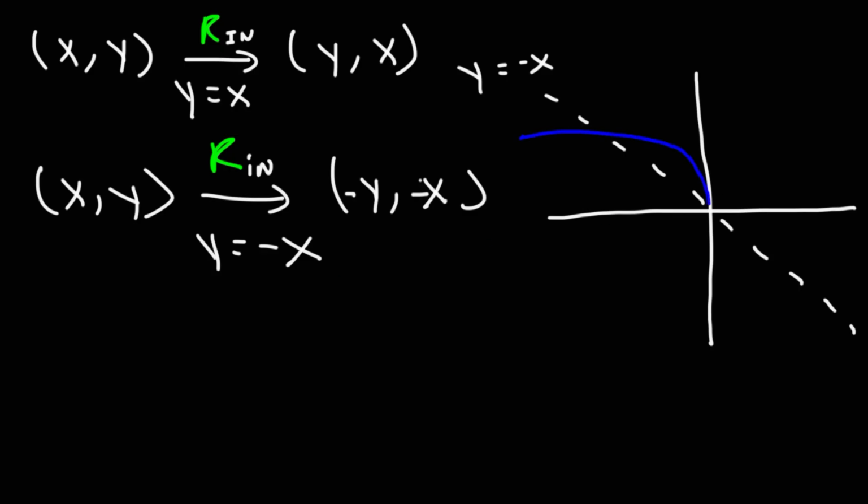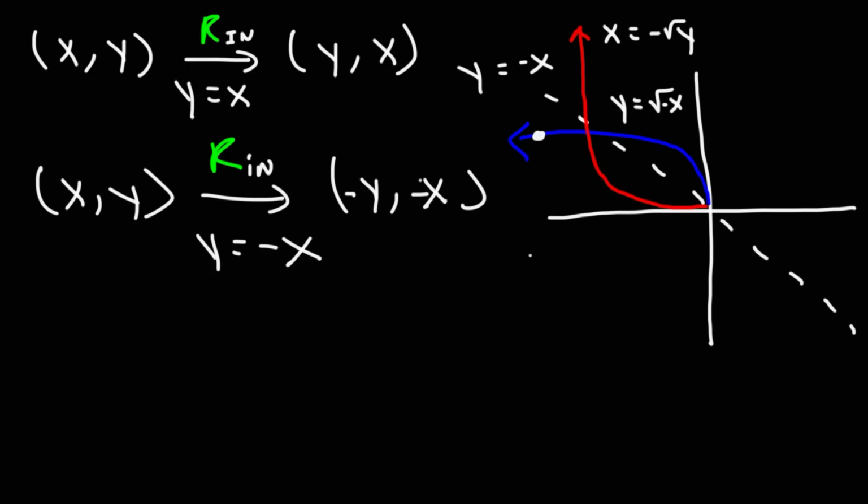So this graph here in blue, that is the graph y is equal to the square root of negative x. This graph here, this one is x is equal to negative square root y.